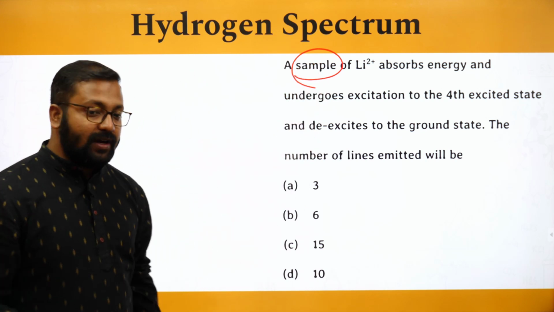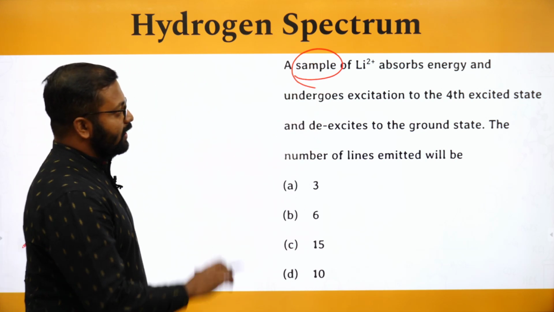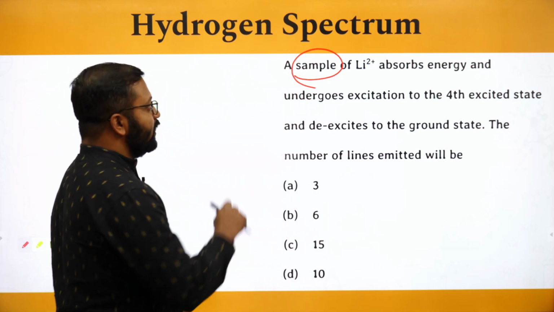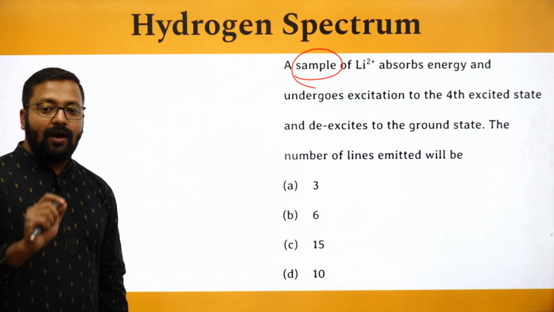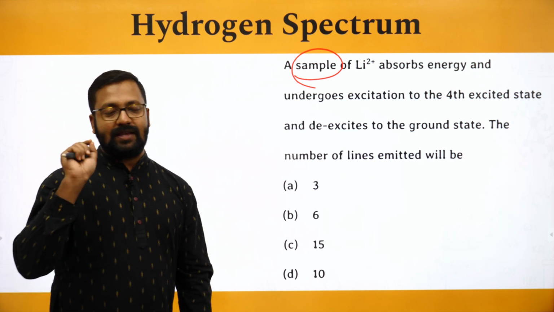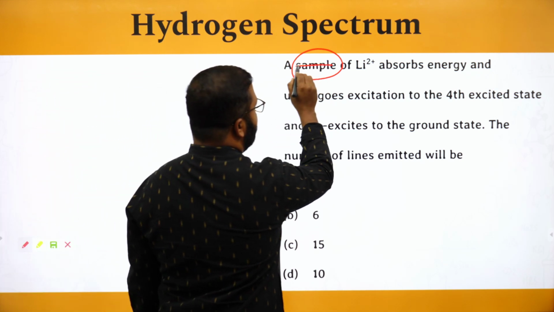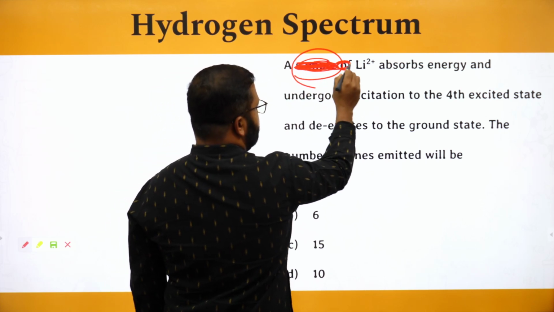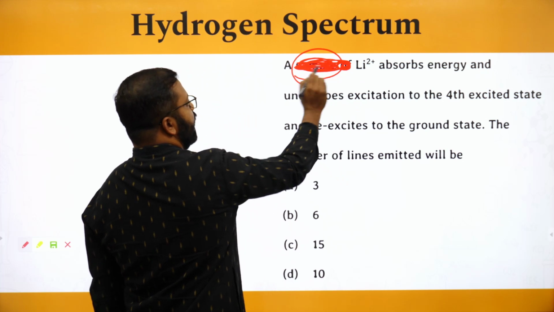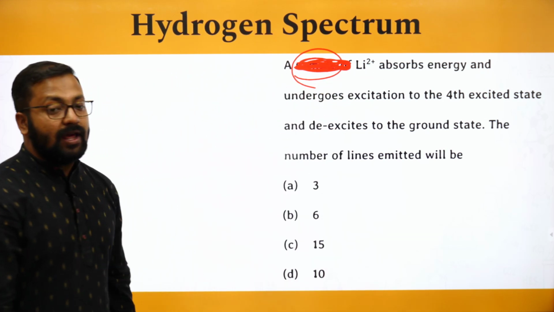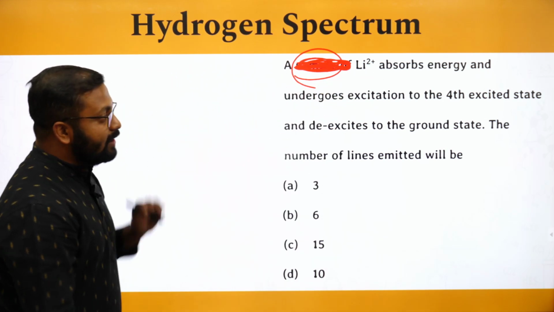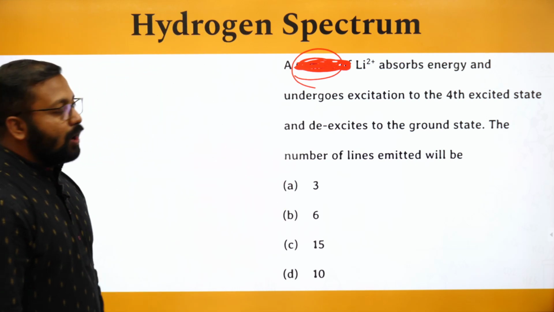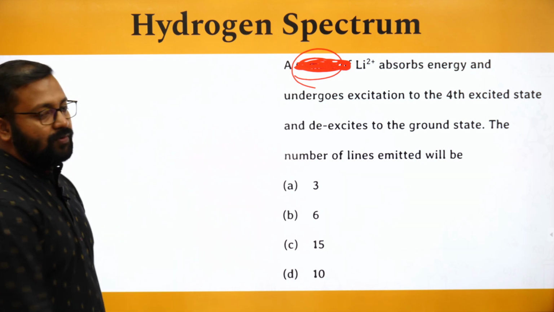But suppose I would have written: what is the maximum number of lines that would be observed if a Li2 plus ion, if sample would not have been there, and it would have been written like this: a Li2 plus ion absorbs energy and from the fourth excited state de-excites to the ground state. What will be the maximum number of lines emitted?